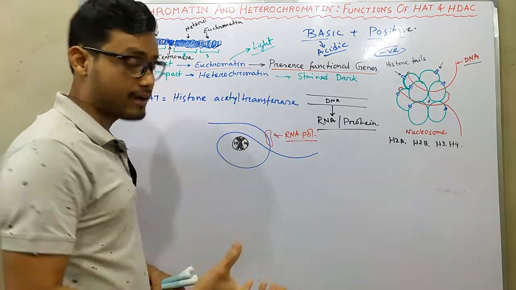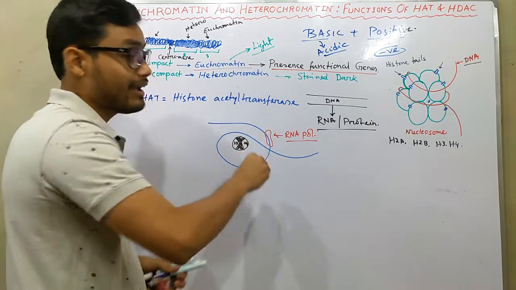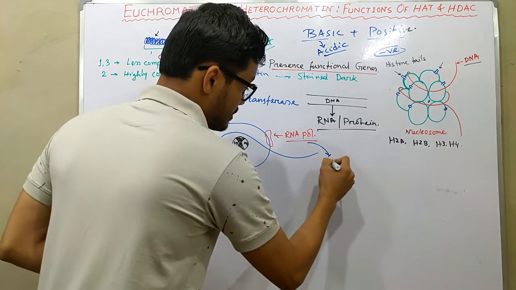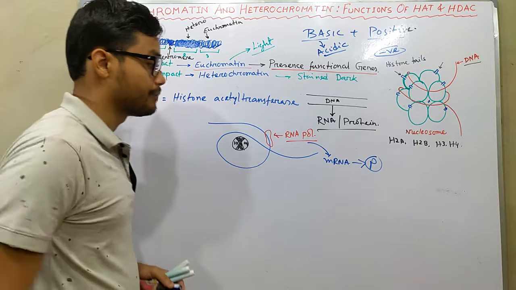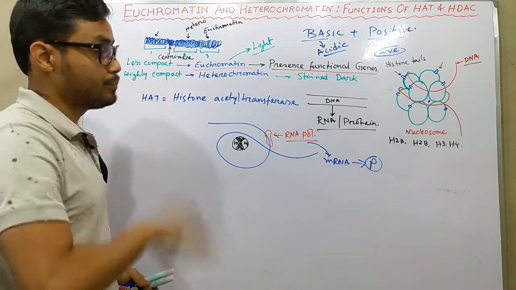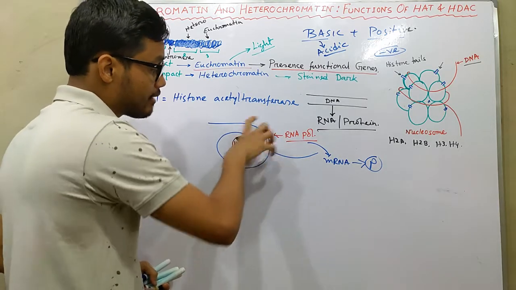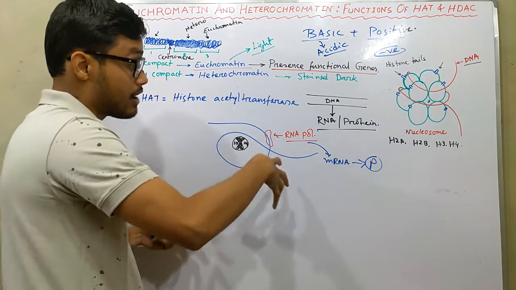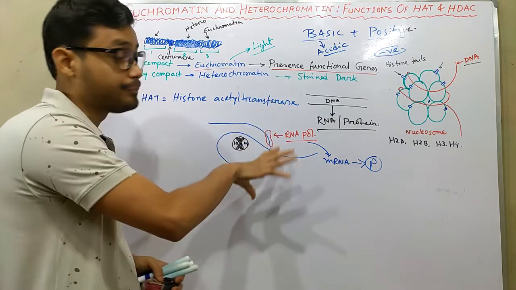So transcription factors and RNA pol now bind with particular DNA segments, and it is transcribed into mRNA and further protein, by which those proteins come into play. We consider this segment of DNA as a gene, and this is how the histone acetyltransferase activates a gene.